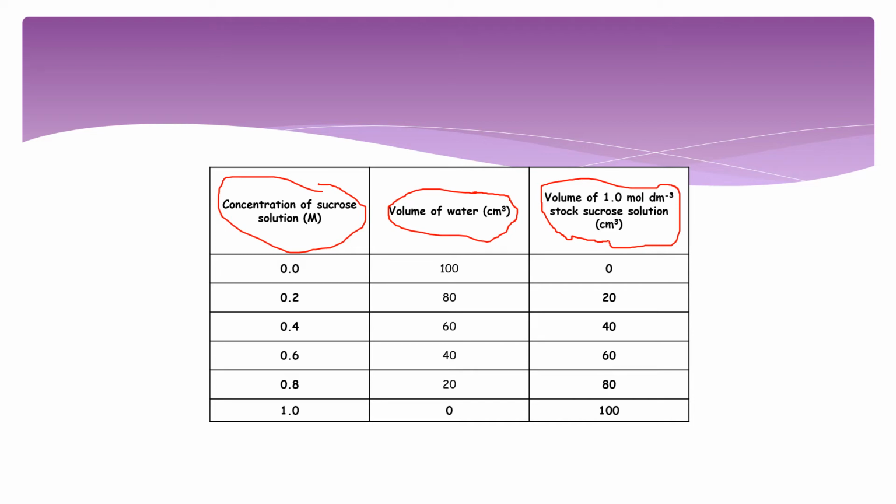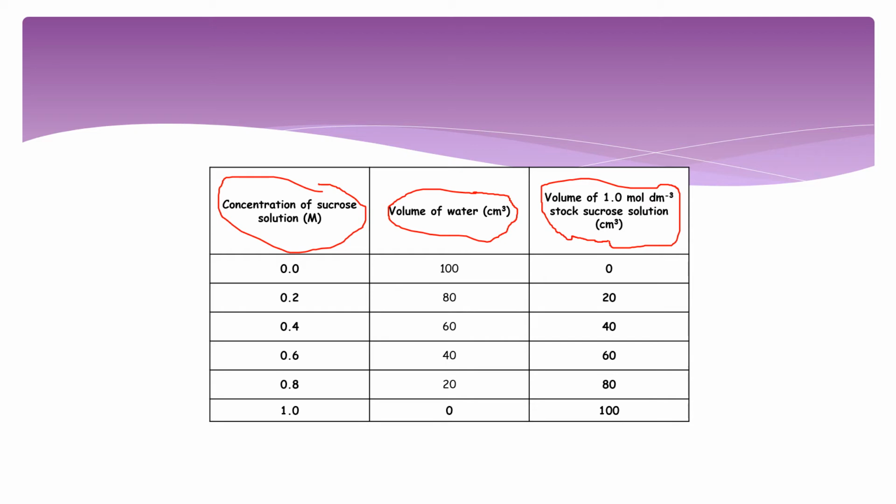For 0.6 molar, we'd have 40 centimeters cubed of water and 60 centimeters cubed of sucrose. And then for 0.8, we'd have 20 centimeters cubed of water and 80 centimeters cubed of sucrose.